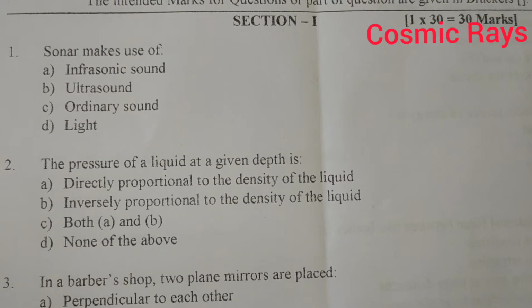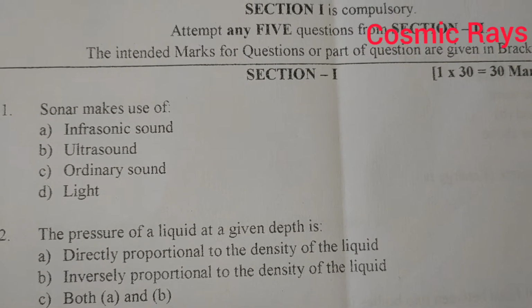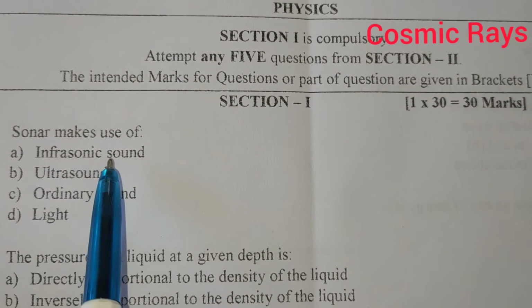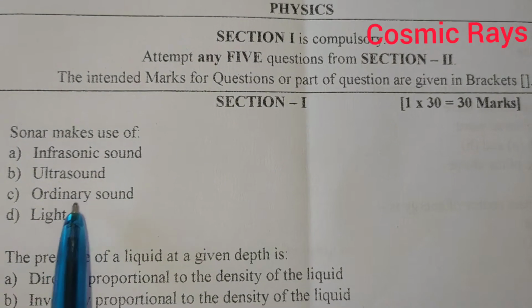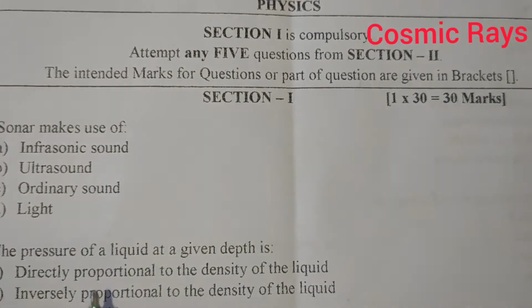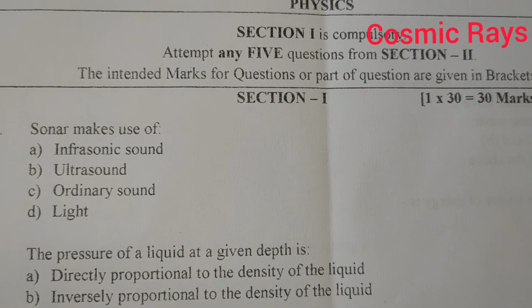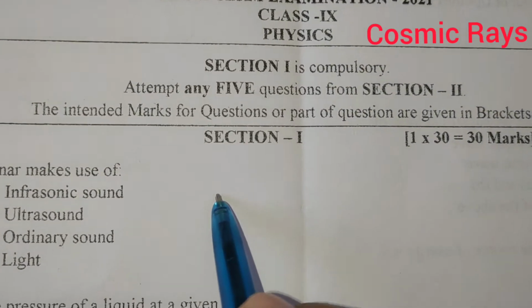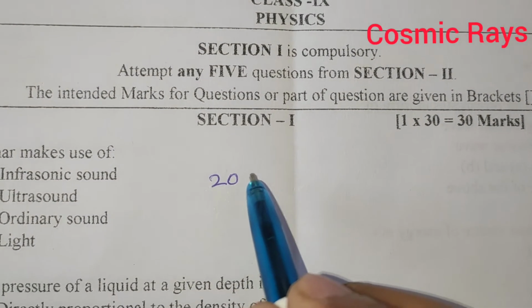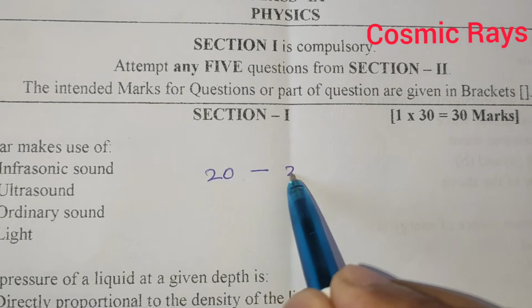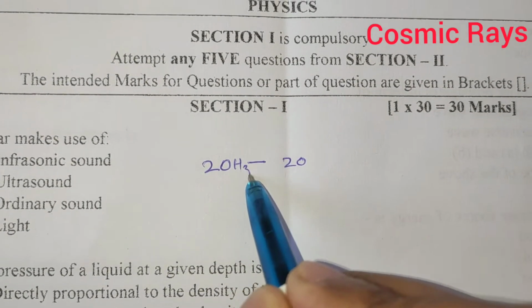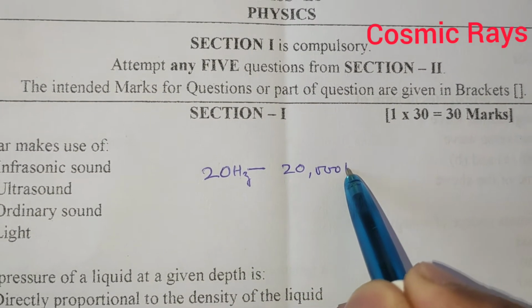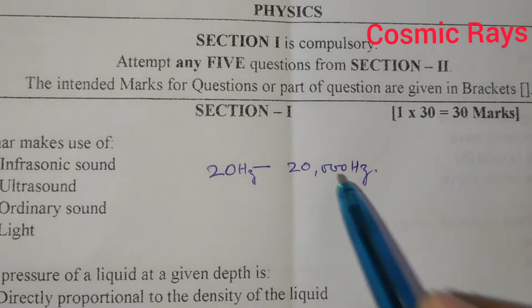To begin with, the first question they've asked is, sonar makes the use of, and then they have given the options: infrasonic sound, ultrasound, ordinary sound and light. If you are preparing well for your exam, you will remember that the range that we can hear is 20 hertz to 20,000 hertz or 20 kilohertz.